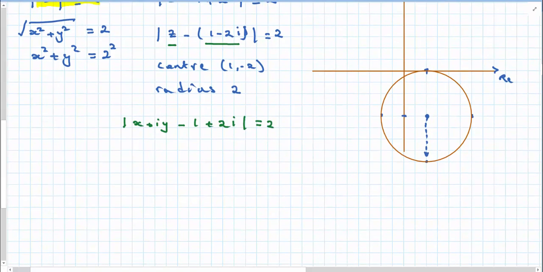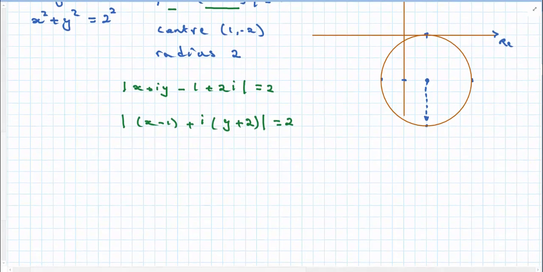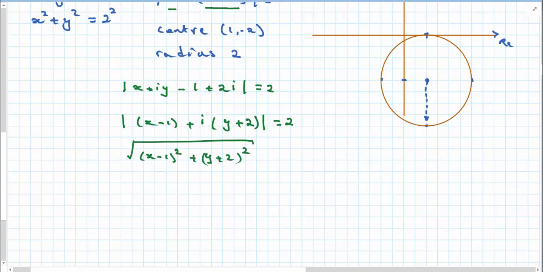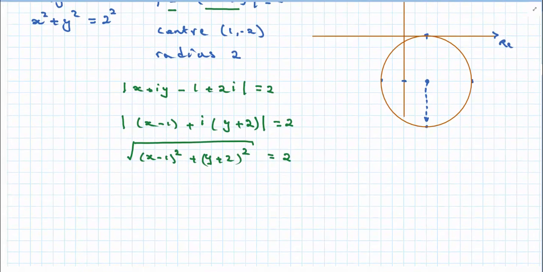Now if I collect the real parts and the imaginary parts, plus 2, then I end up with x minus 1 squared plus y plus 2 squared equaling 2, which is a circle, center 1, -2, and radius 2 as our usual circle equation.